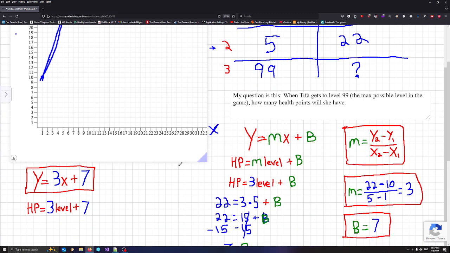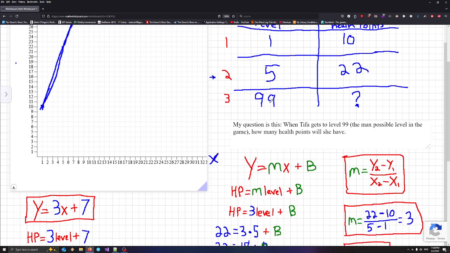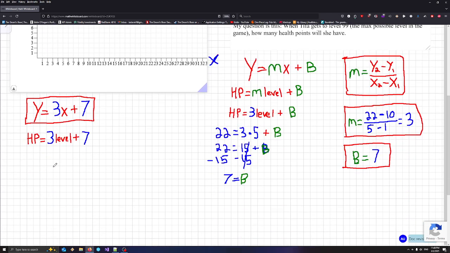So now we can pretty easily solve our original question by plugging in the numbers. Well, somewhat easily. So let's see. We have HP is equal to 3 times the level plus 7. So we're solving for HP. So if we plug in the level, which is x here, level is 99.